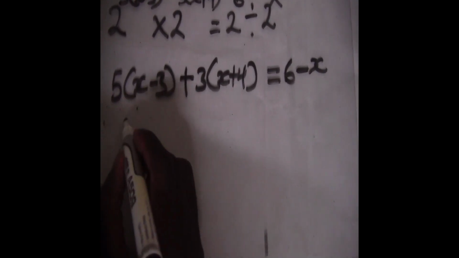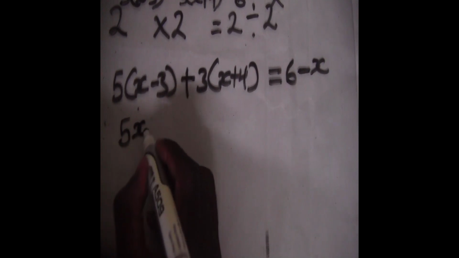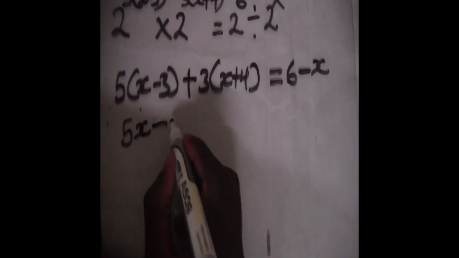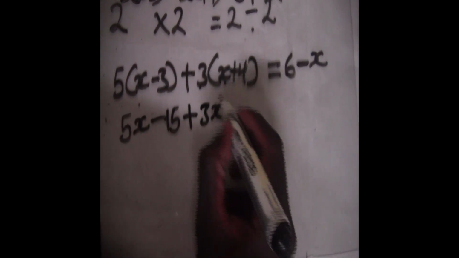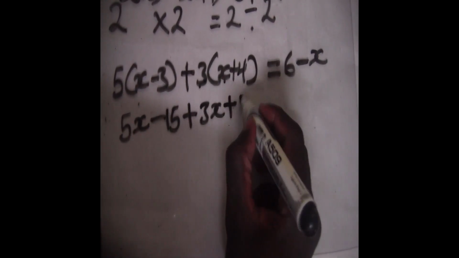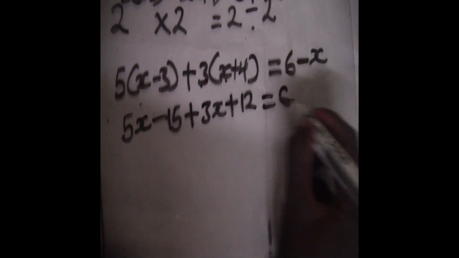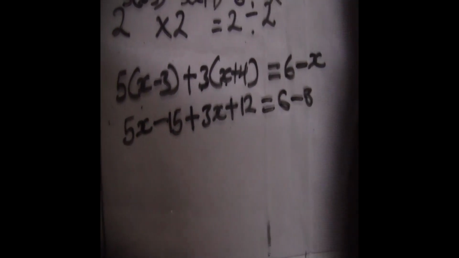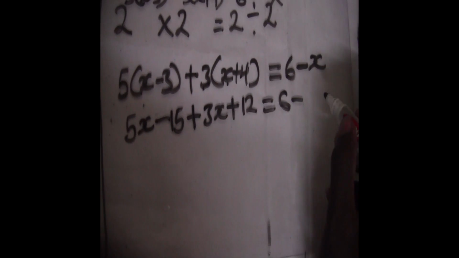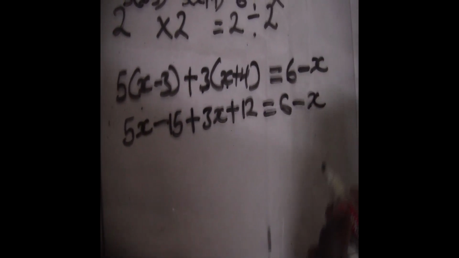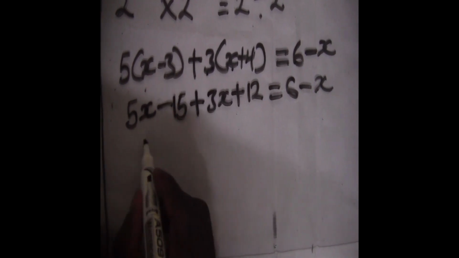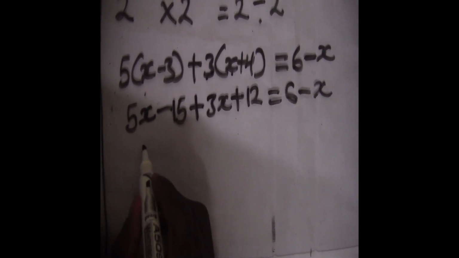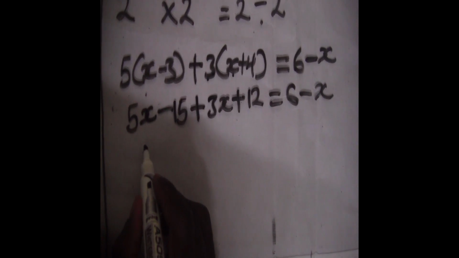So for our case, we open the bracket. When you open the bracket, you get 5x minus 15 plus this multiply this 3x, this multiply this plus 12 is equals to 6 minus x. And then if you group the ones that are alike, you bring them together.